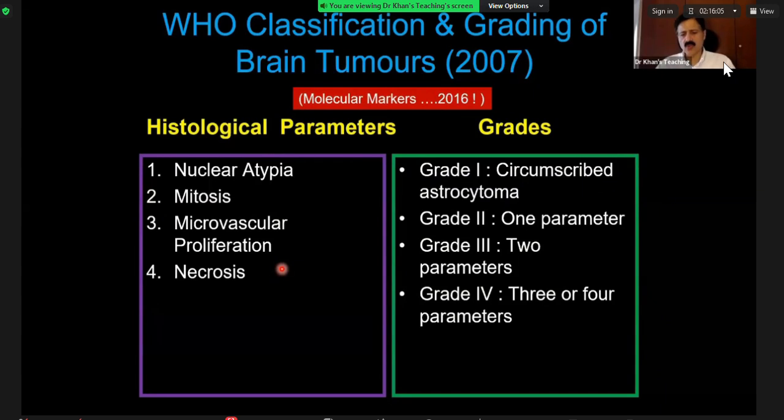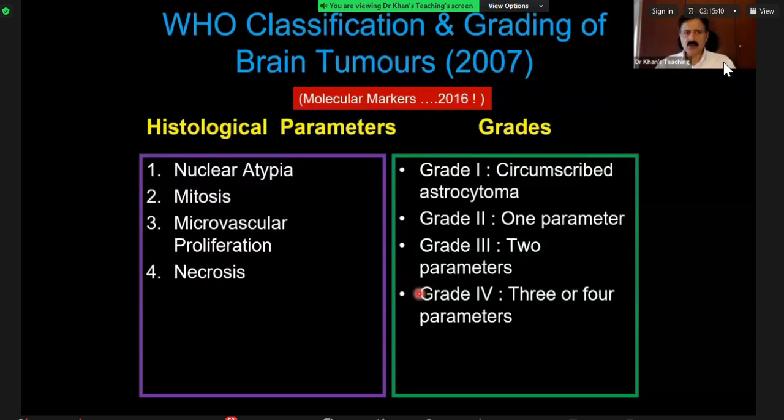Grade 4 tumor is what we call a GBM, a glioblastoma multiforme, and it will have necrosis, will have cystic spaces and things like that. So it is an important concept, and I'll refer back to this wherever we have to.